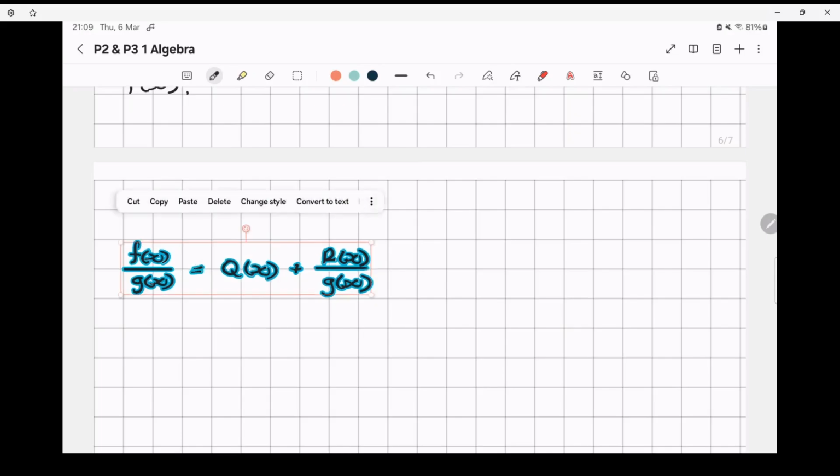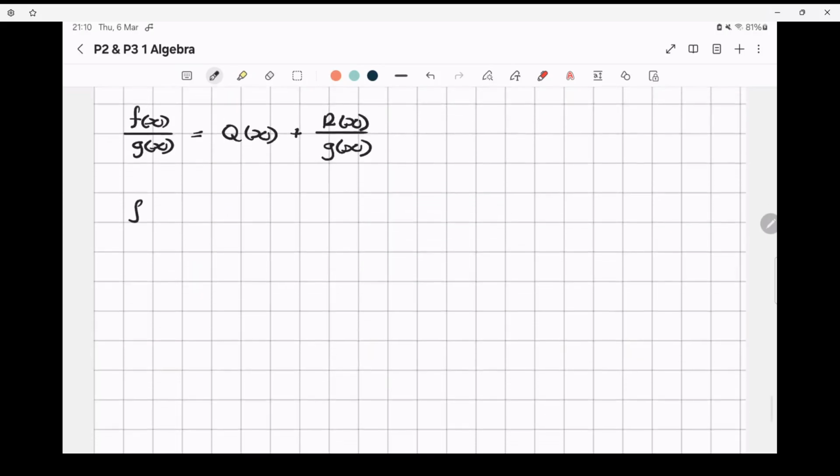This time, let's say you have a remainder. So this equation tells you that when you multiply everything, you get something like this.